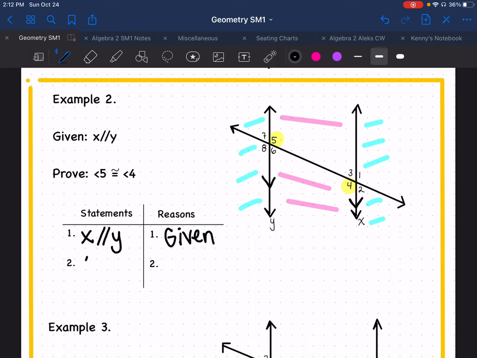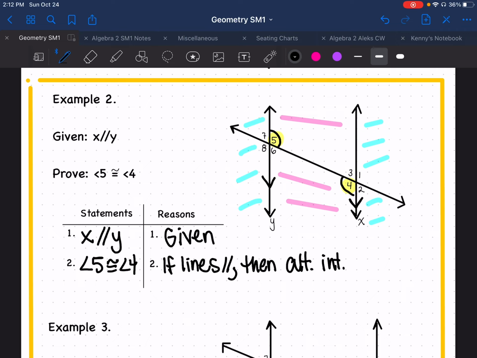So I'm going to say angle 5 is congruent to angle 4 because if the lines are parallel, then what kind of angles are these? Well, they are alternate interior angles and they are congruent. And that's it. We're done.